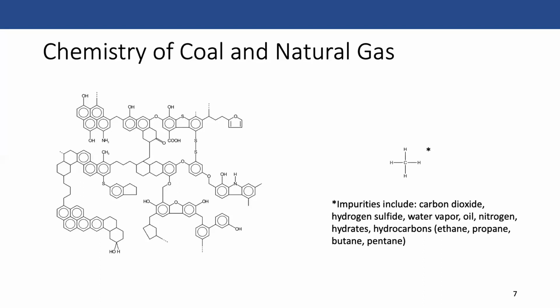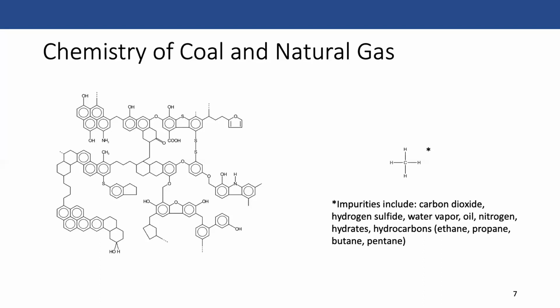And then, as a really drastically different example, natural gas on the right is fairly simple in terms of its molecular structure. It's just methane, CH4, so carbon bonded to 4 hydrogen atoms. But as I was mentioning before, you can have lots of impurities when we're extracting this, and these include things like CO2, hydrogen sulfide, water vapor, and some oils.